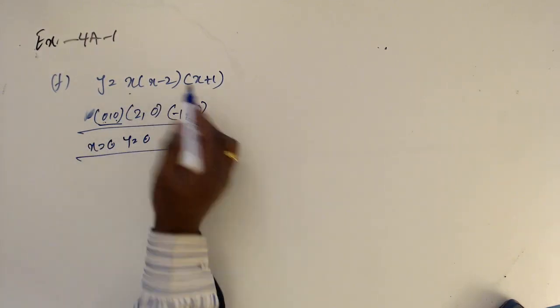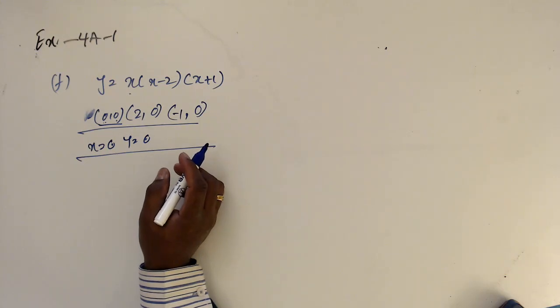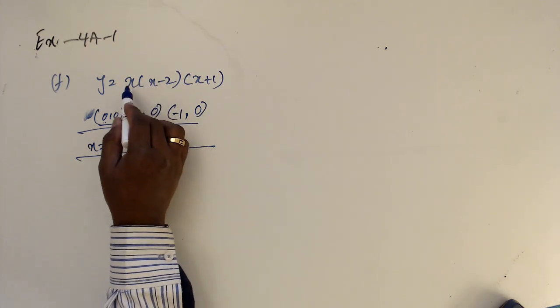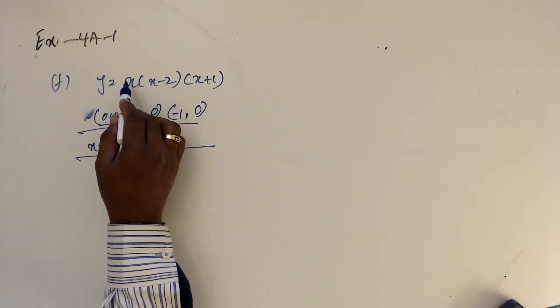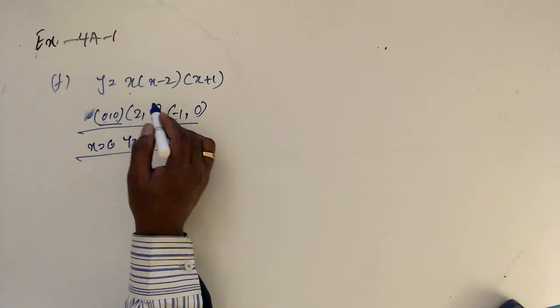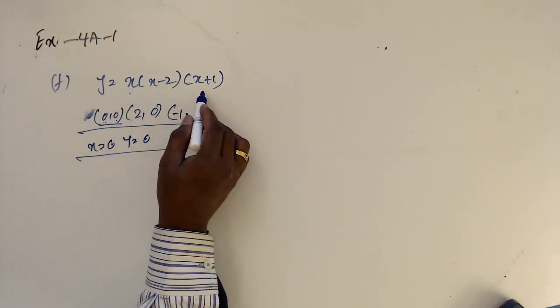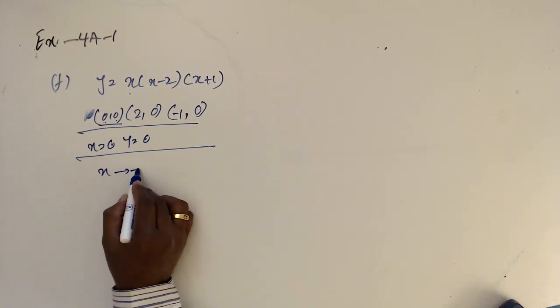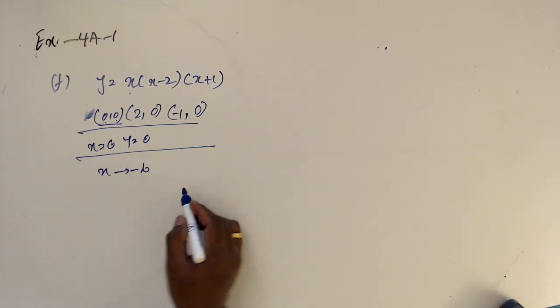Then all x positive, I can see the coefficient of x cube is positive. It means the graph, as x goes to minus infinity, goes like this.